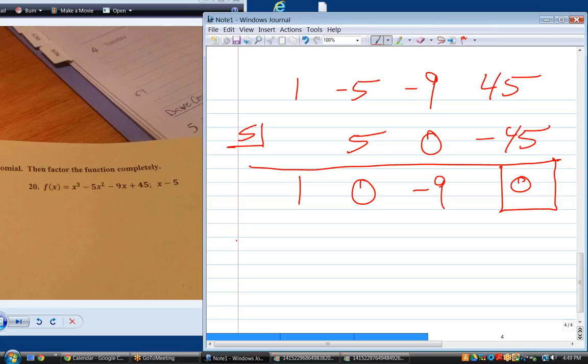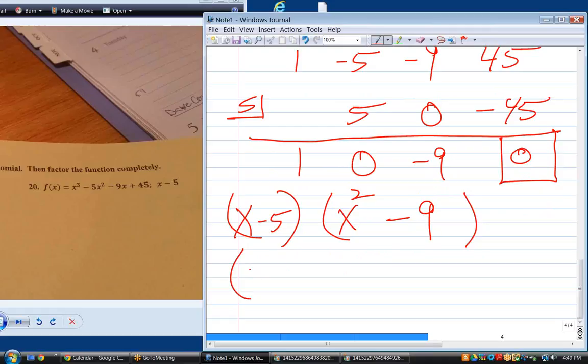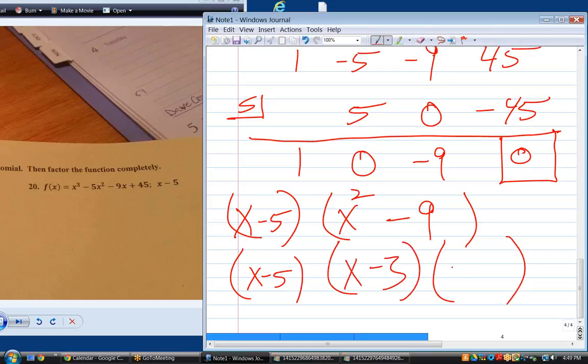Well, okay, so we still have more to do here. So we got x minus 5 times what? x squared plus 0x minus 9. Okay. It's not quite fully factored. Keep going. x minus 3 and x plus 3. Good.